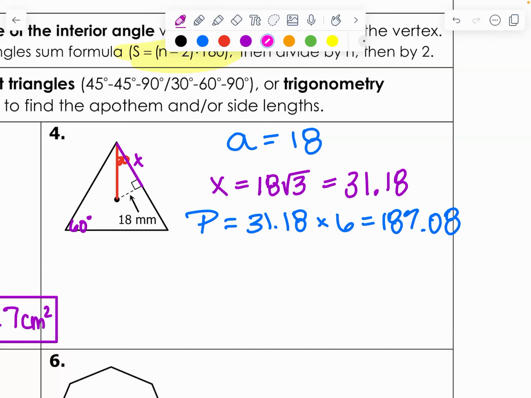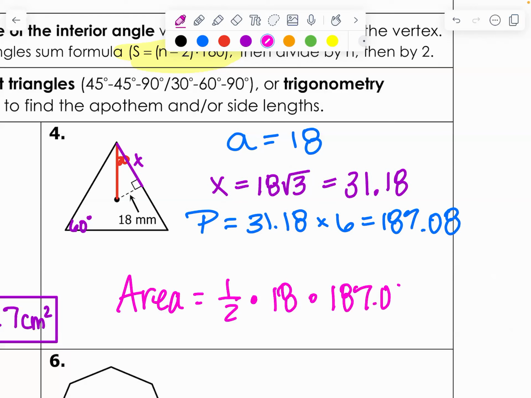Okay, so now to find our area, we can take 1/2 times the apothem. Look, I got the apothem this time, times the perimeter. You good? I got 187.06.